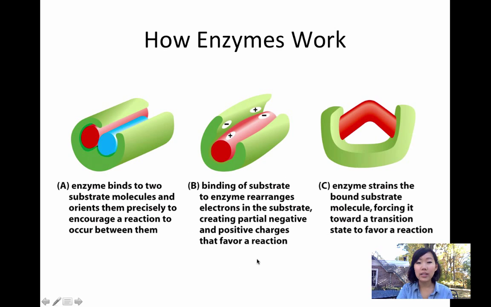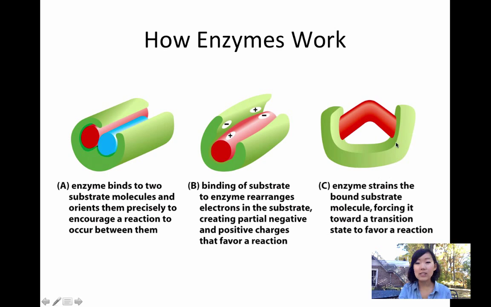In this case right here, when the substrate binds into the enzyme, it helps the charges align so that the reaction happens more favorably. So this right here is about aligning the electronegativity or the different charges of the actual substrate.